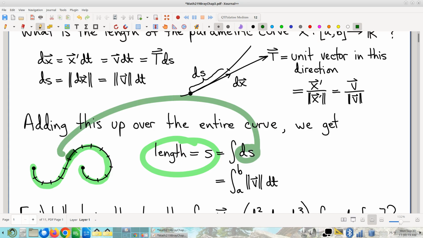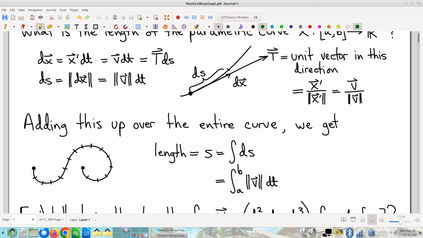I'm just adding up all the little ds's. The whole is the sum of the parts. The parts are ds. And we have a formula up here for ds. ds is v dt.